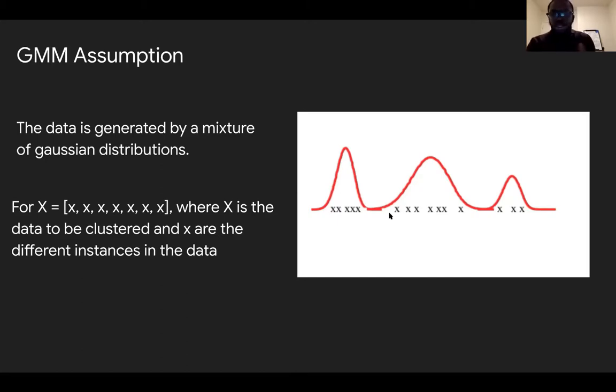We are making this assumption in this algorithm because ordinarily in statistics, if you follow the central limit theorem, if you throw a die repeatedly and you find the mean, you find out that the highest number that will occur will always be in the middle.